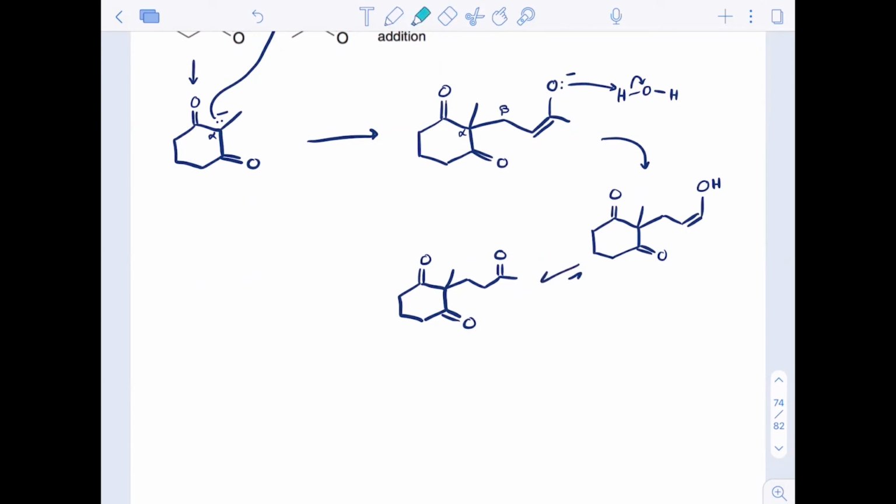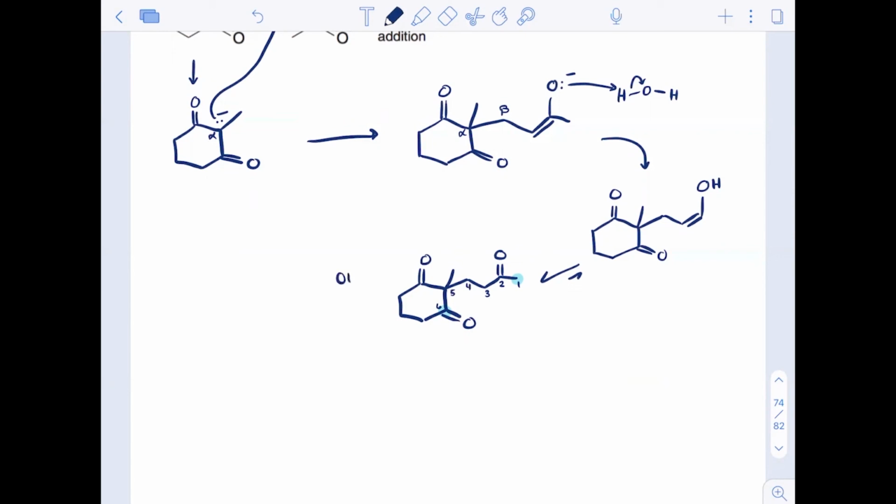Then what we want to think about with the intramolecular aldol is, can we find the beautiful 6-membered ring intramolecular setup? Typically, it's from the opposite side of the Michael acceptor and then to one of the carbonyls from the Michael donor. 1, 2, 3, 4, 5, 6. There we go.